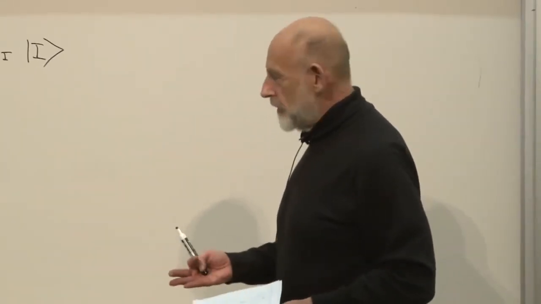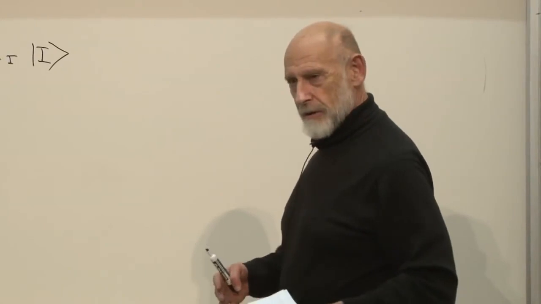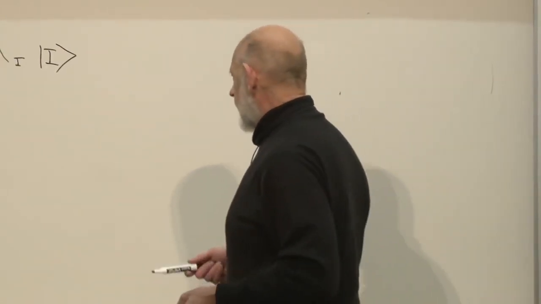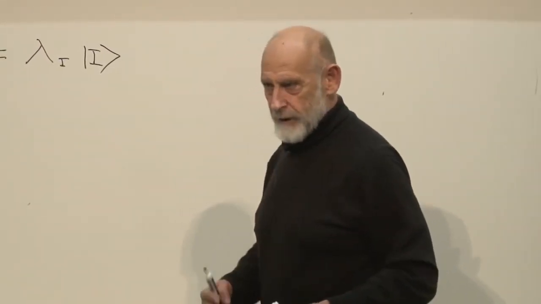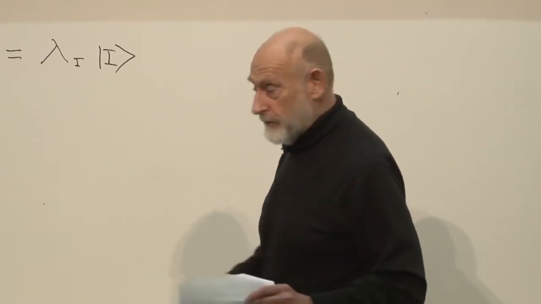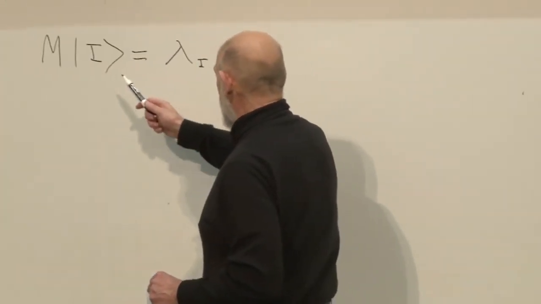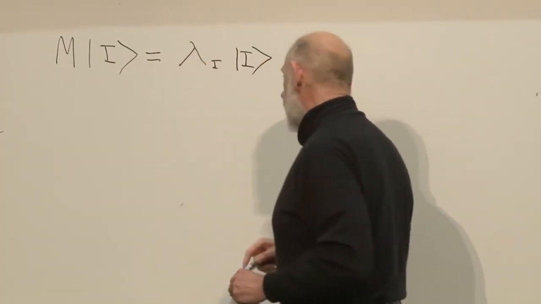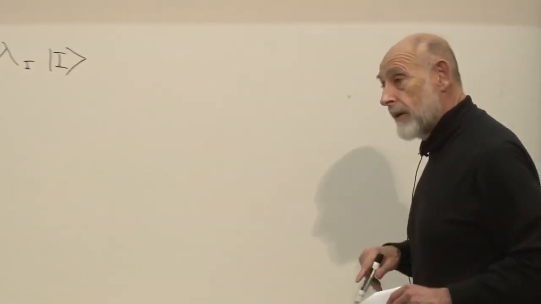So strictly speaking, you should talk about eigendirections, the set of vectors not worrying about their length, so to speak. But in any case, this is the definition of an eigenvector.